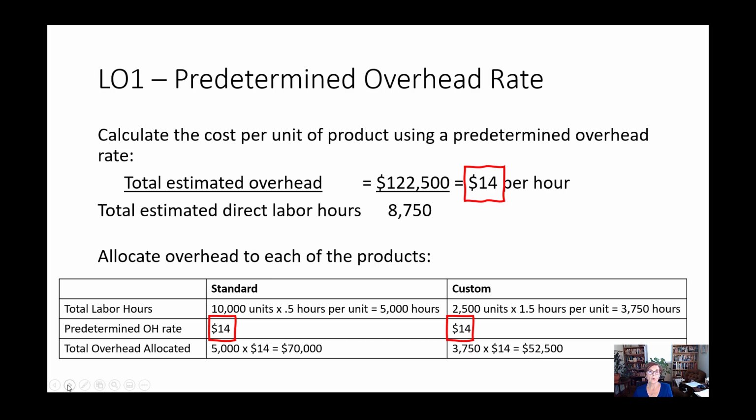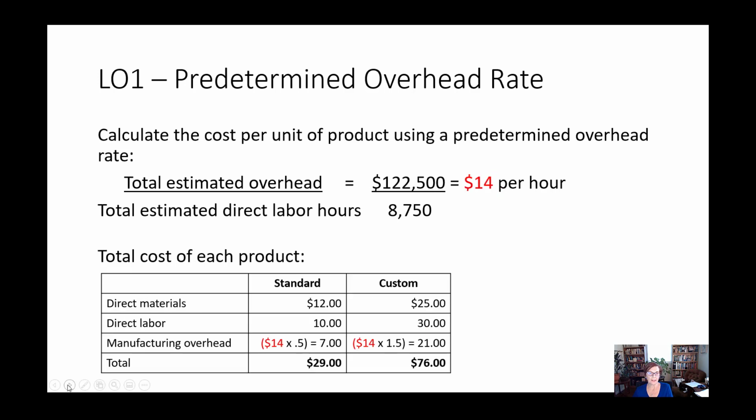Now we want to know cost per unit, so let's put that together. So remember that we knew our materials and labor. We have these numbers here, and we're going to take the $14 per hour and multiply that by the number of direct labor hours per unit to get our cost per unit. So standard uses a half hour, 0.5. We're going to multiply that by the 14 to get 7.